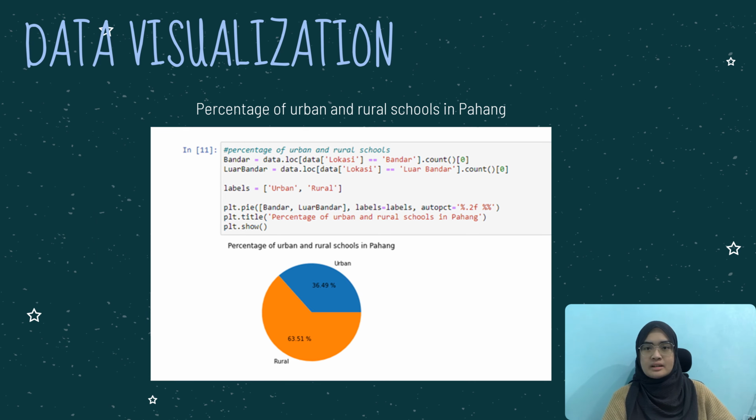Next is a pie chart, which shows the percentage of urban and rural schools in Pahang. Based on the pie chart, rural areas have a higher number of schools with a percentage value of 63.51% compared to the urban areas, which is 36.49%.